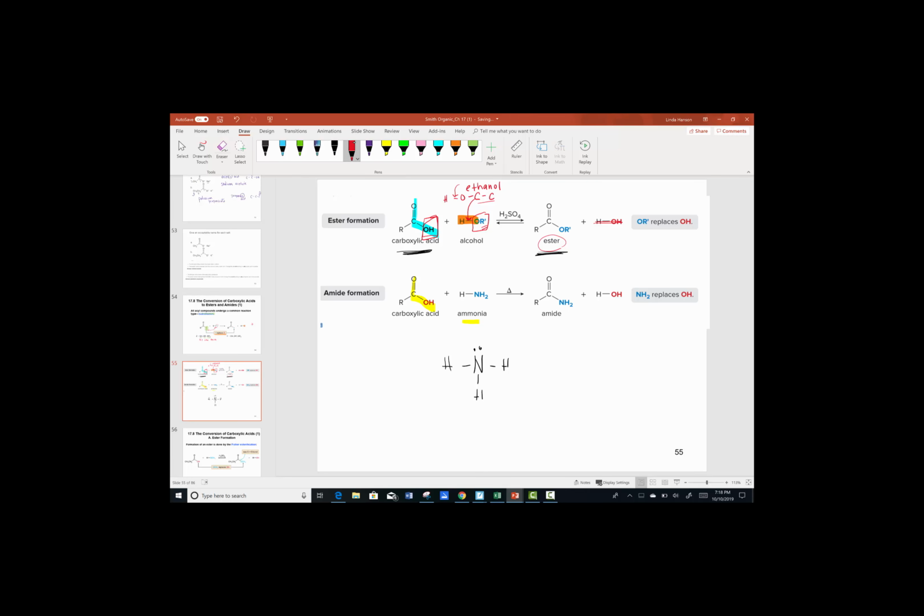But again, what's happening is we're breaking one of the bonds in an NH3 molecule, and we're going to exchange the OH and the amine group to create an amide. The amide is formed along with a water molecule through this substitution reaction.